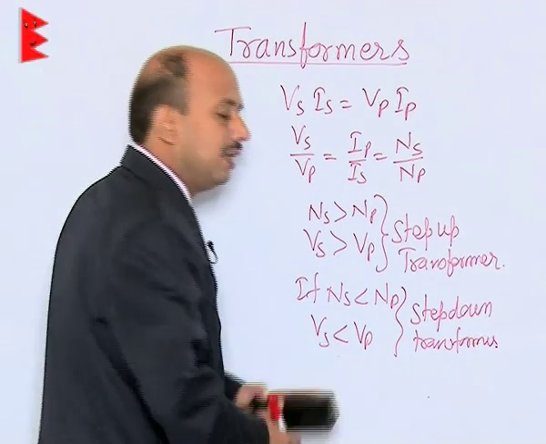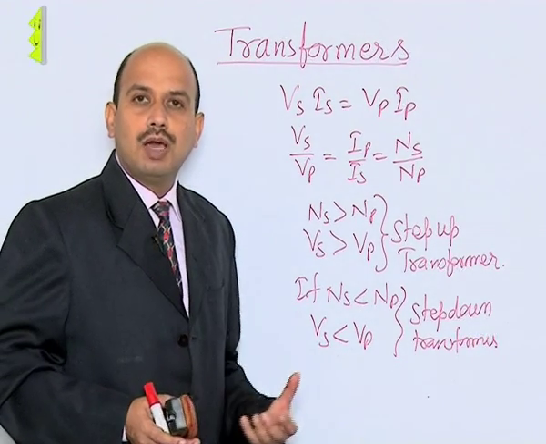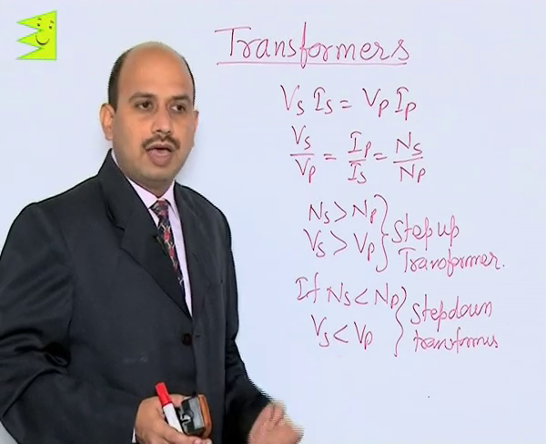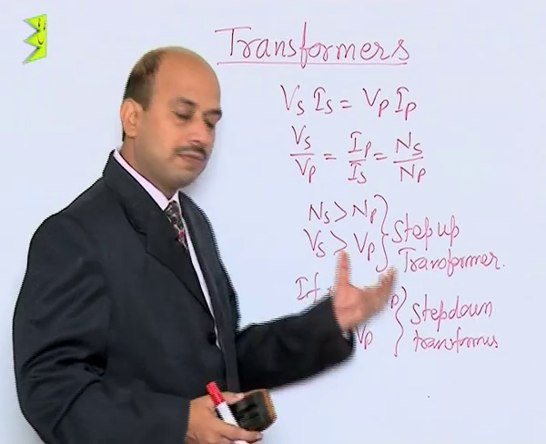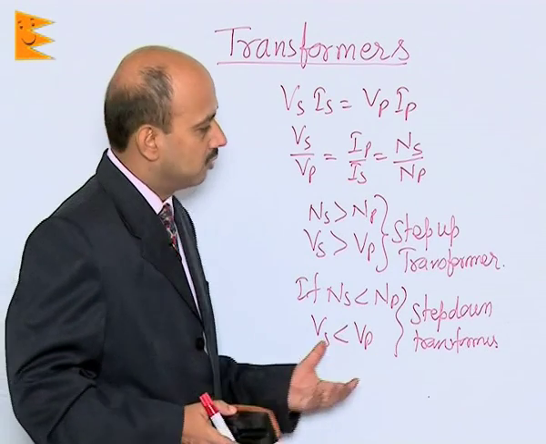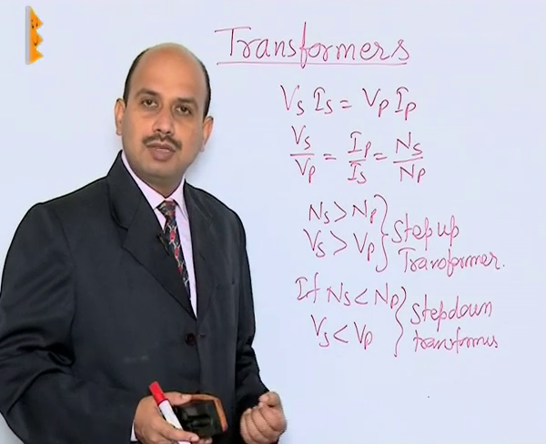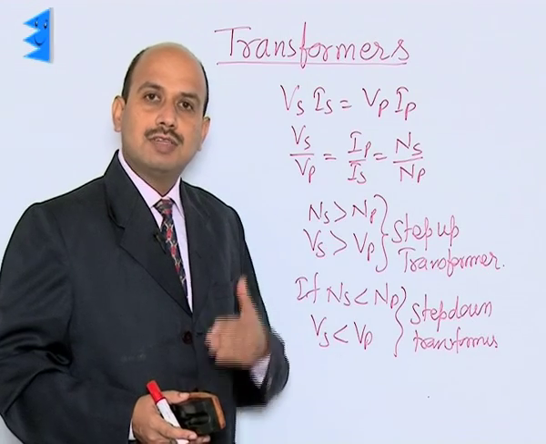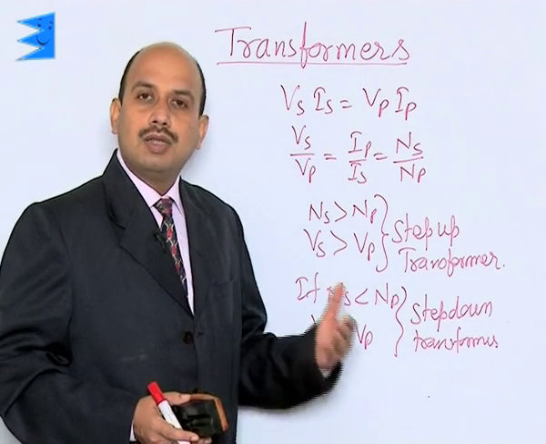It means by increasing the number of turns in the secondary coil, we can increase the voltage, and by decreasing the number of turns in the secondary coil we can decrease the output voltage. So a transformer is a device which is used to step up or step down alternating voltages.